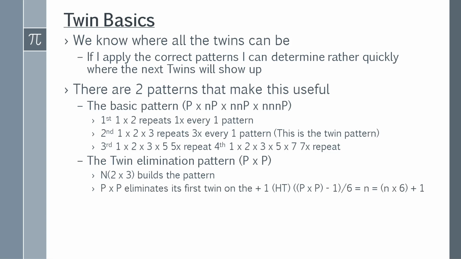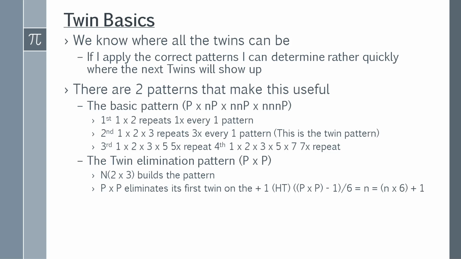Now, when I say elimination, we're going to eliminate primes at prime times prime. So 5 times 5 eliminates 25, which is the first twin to lose.